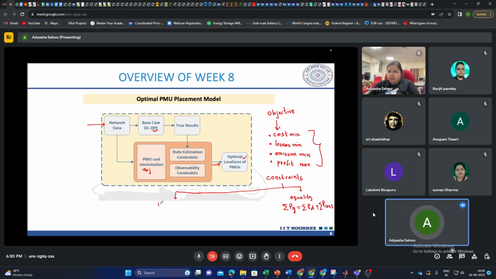Then what can we have for inequality constraint? Anyone? Which limits are... like frequency 49 point... Actually I think you are having poor connection.